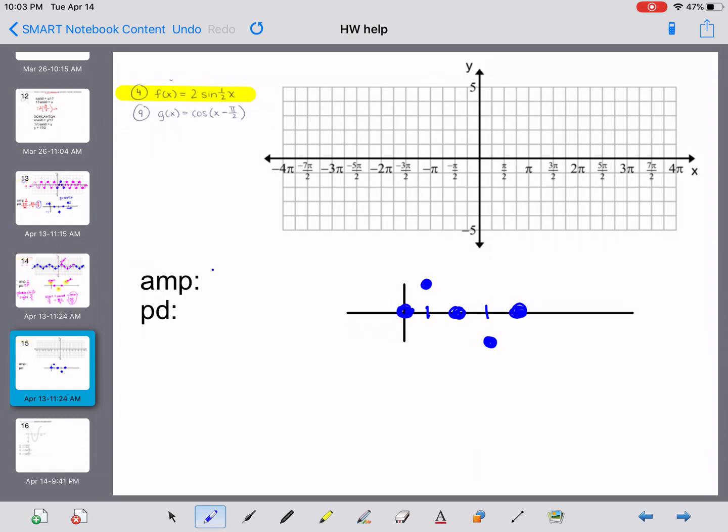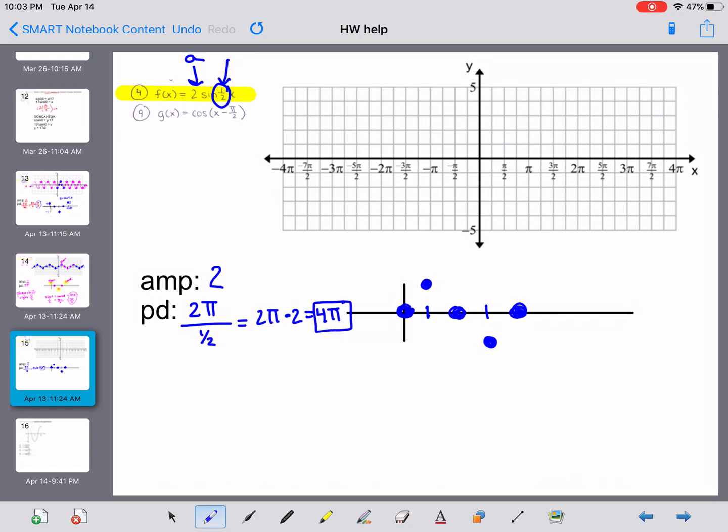Amplitude. Amplitude for this problem is 2 because of the a value out in front. The period is going to change because of that 1/2. So again, the formula is 2 pi divided by the b value, which is 1/2. Do a little keep change flip here. So 2 pi times 2, which is 4 pi. So the period here is 4 pi.